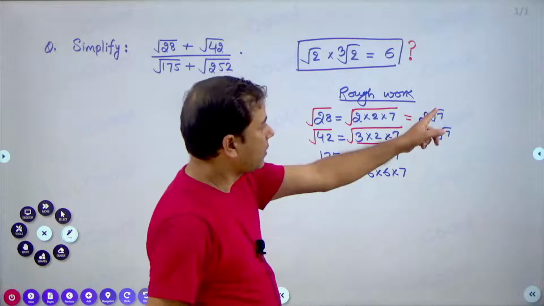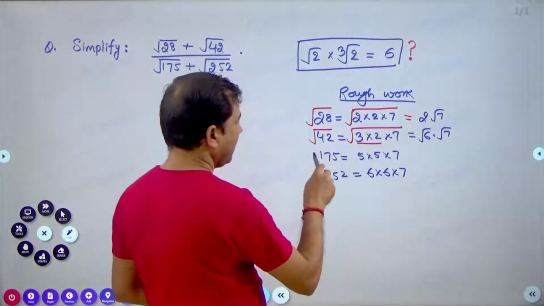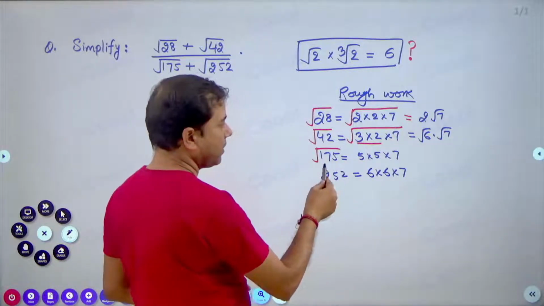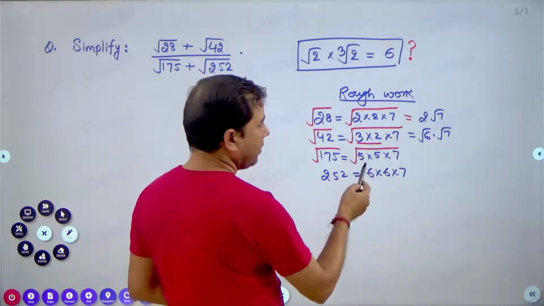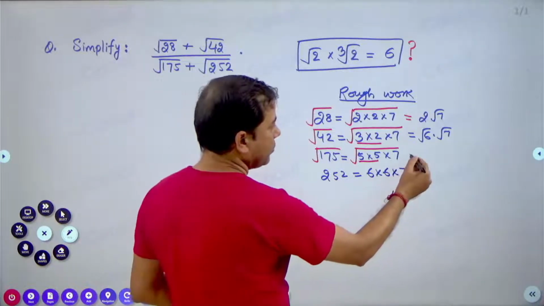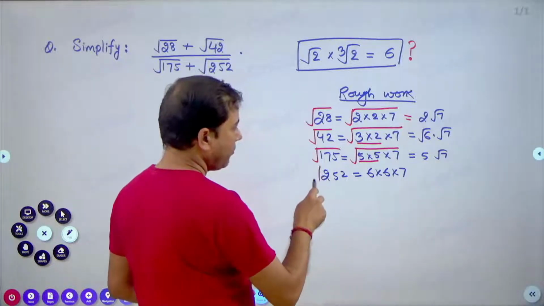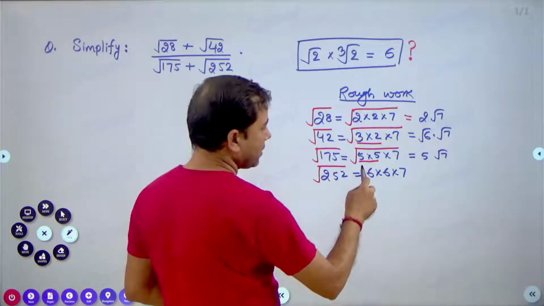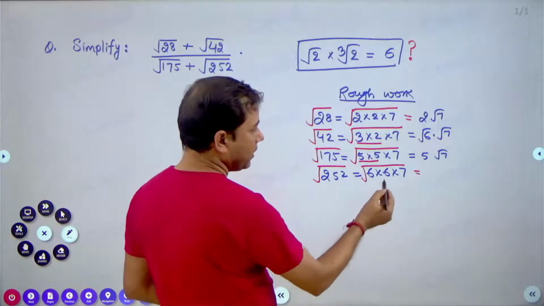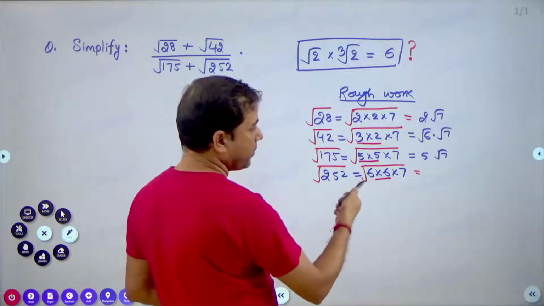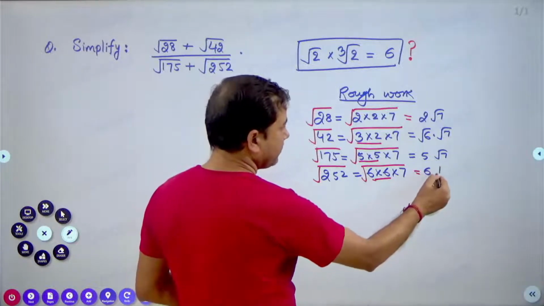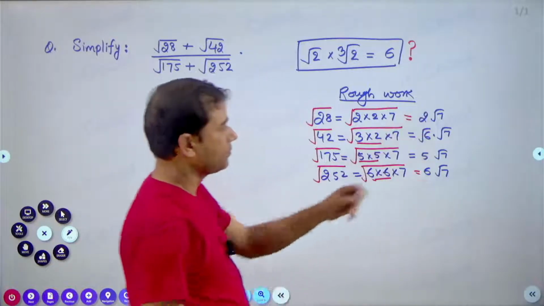I am separating root 7 from each of them. If we put 175 under square root, 5 is squared here, so 5 will come out once, and root 7 is out. For 252 under square root, 6 is paired here, so 6 will come out. Does this make sense?